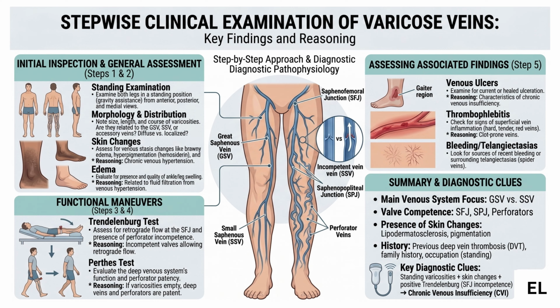Key diagnostic clues include visible tortuous veins, skin pigmentation, edema, positive Trendelenburg findings, and evidence of chronic venous insufficiency. A thorough clinical examination remains the foundation for diagnosis and guides further evaluation, with Doppler ultrasound and definitive management planning.